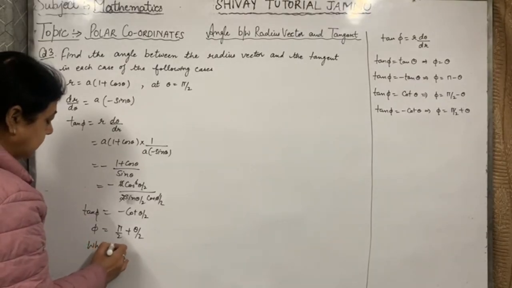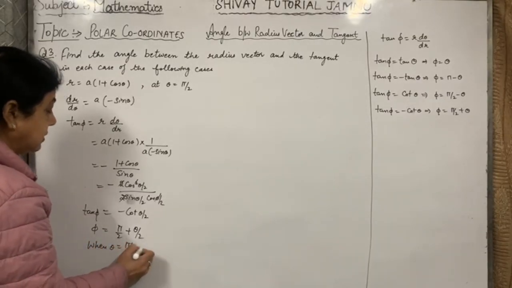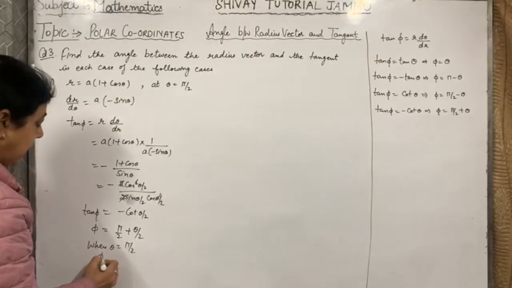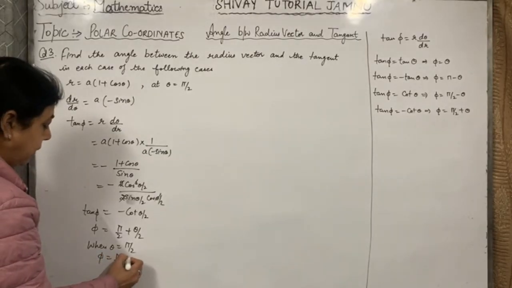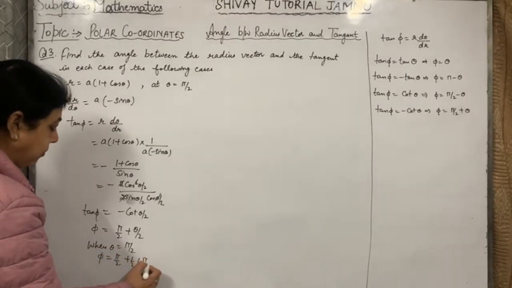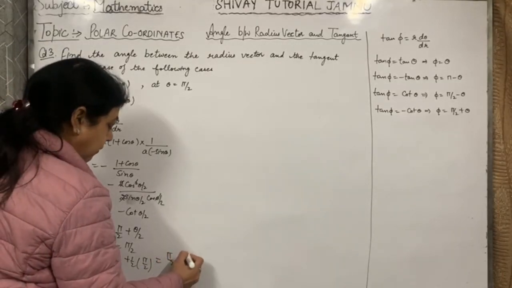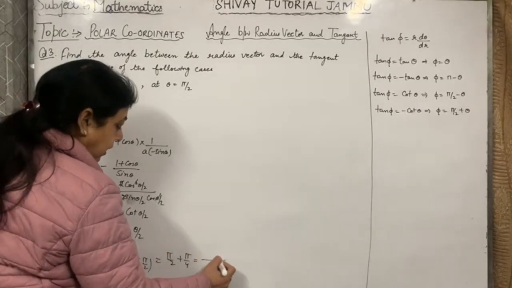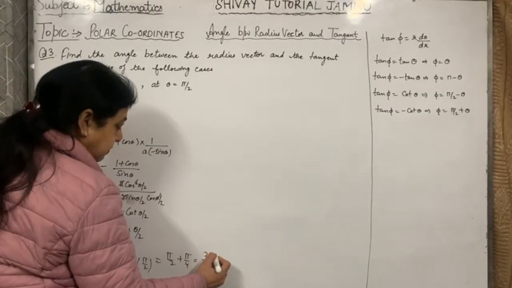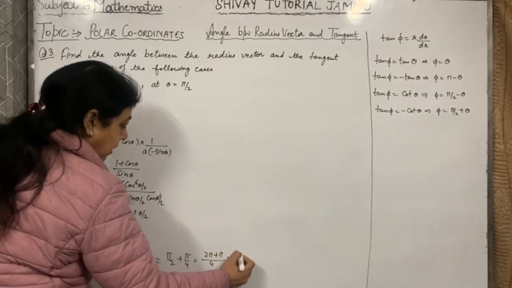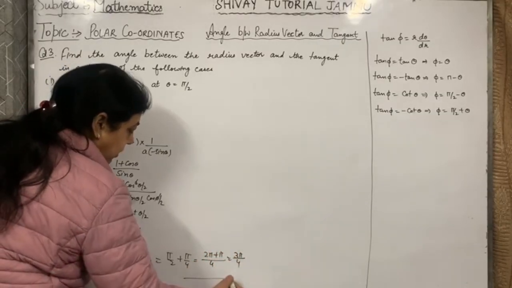When theta is pi by 2, this is given to us, phi is pi by 2 plus half of pi by 2. That is pi by 2 plus pi by 4. After taking the LCM, twice pi plus pi, the angle will be 3 pi by 4. This is the answer.